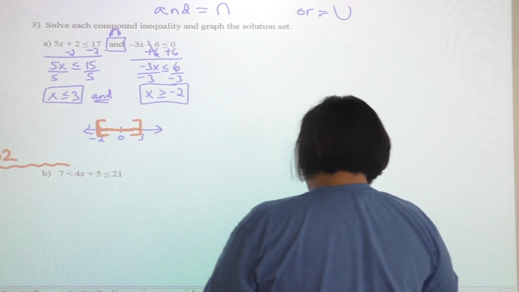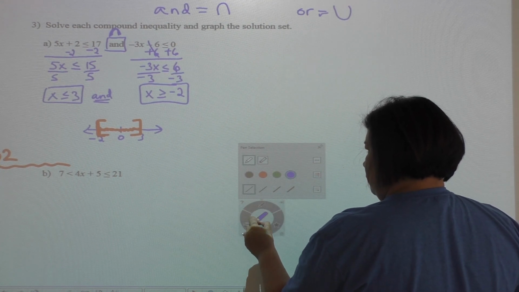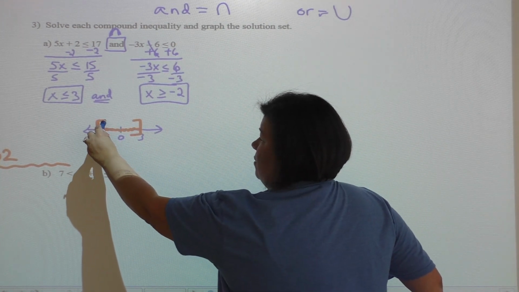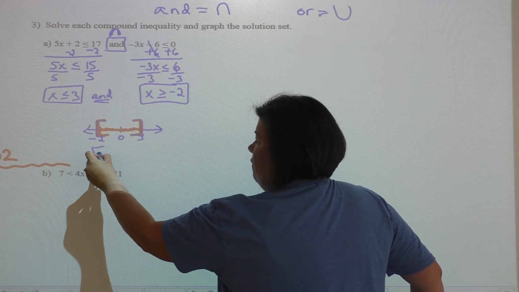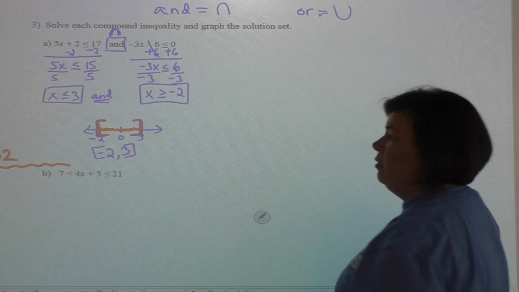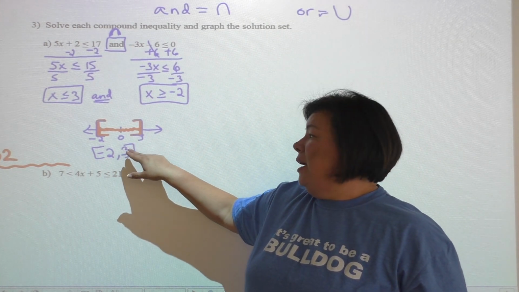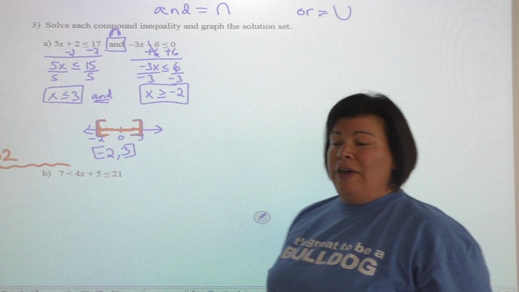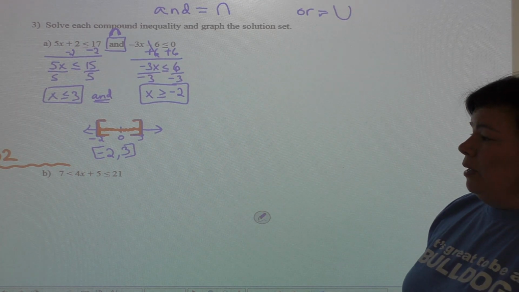How I would write that in interval notation is exactly the symbols that we have here. It is a closed interval. Right here, I have -2 up until 3 included. They're both included. So this talks about all my x values between -2 and 3, including those two values as well. So that's the solution to that example.